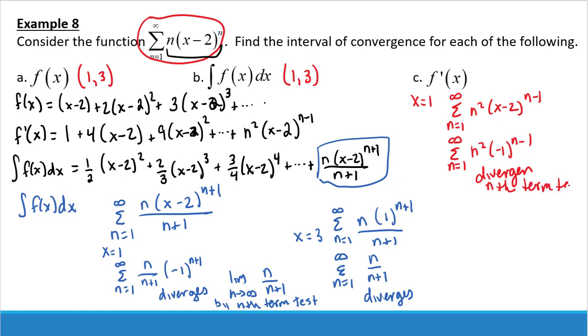Okay, and then we test x equals 3. I'm sorry, I'm trying to go through this really fast. 1 to the n minus 1, again, diverges by the nth term test.